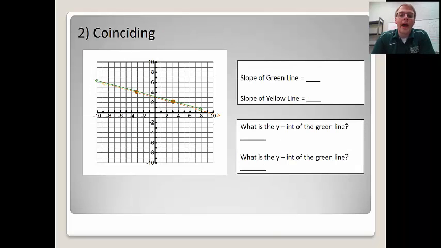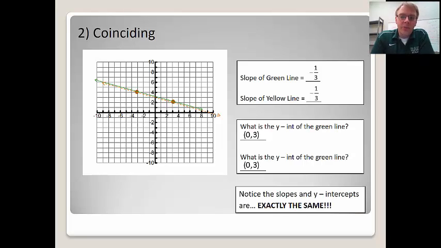All right, now I want you to do the same thing with the green and the yellow line here. Find the slope of each of those lines and find the y-intercept of each of those lines. Ready? Pause. All right, let's check here. So hopefully you got that -1/3 is the slope for both of them, and (0, 3) is the y-intercept for both of them. So what this tells us is that our slopes and the y-intercepts are exactly the same.